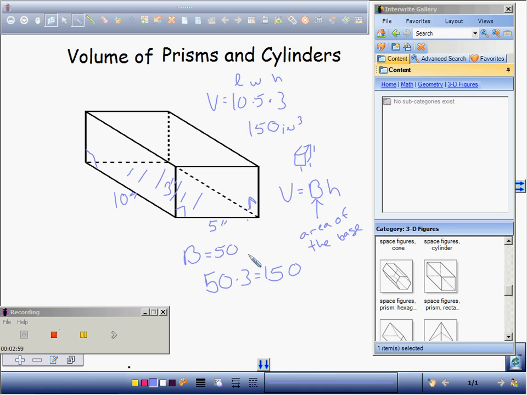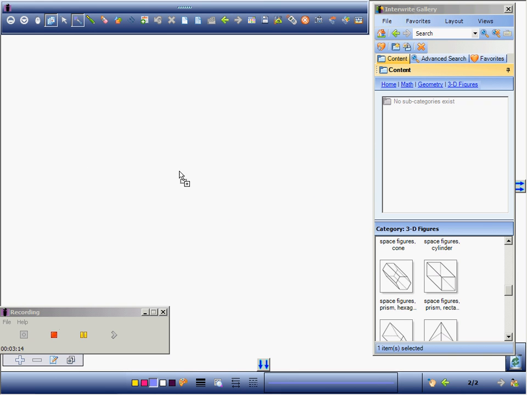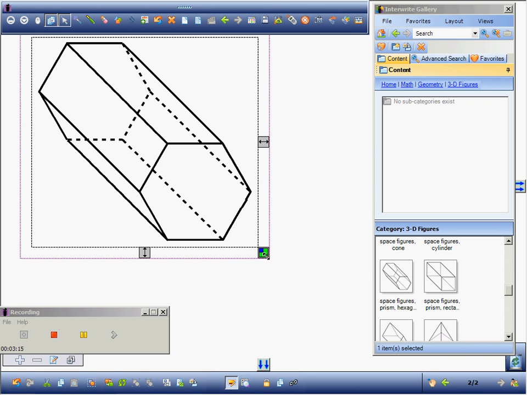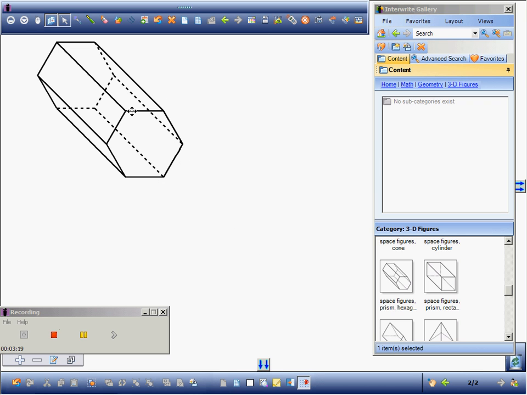Good. Okay. So now we're going to move on to a little more complicated figure, like how about a regular hexagon? Here I have what is called a hexagonal based prism. And even though you can see that it's not resting on its base, it is still a prism because it has two parallel bases that appear to be congruent to each other.